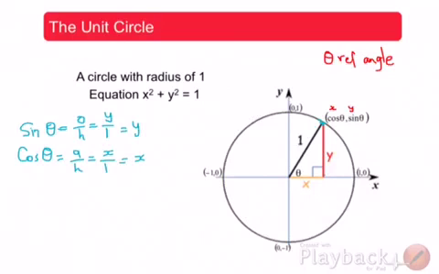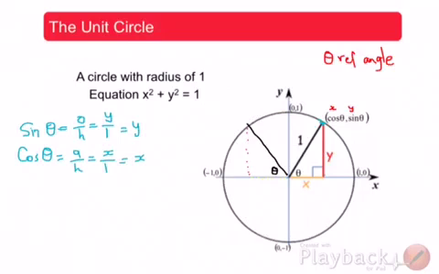We can also use the reference angle in there as well, because from here to here is going to have similar distance in y and a similar distance in x. So the ratios are still going to be the same.